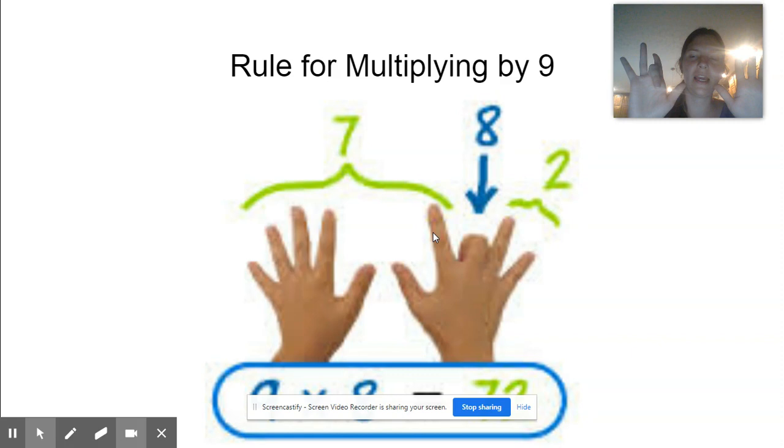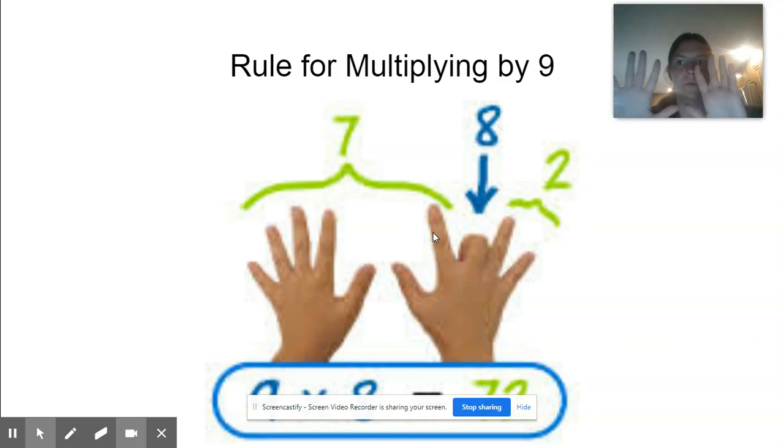I'm going to put that eighth finger down, and the fingers I have left are 72. 7 on this side, these 7, and then I have these 2, 72.